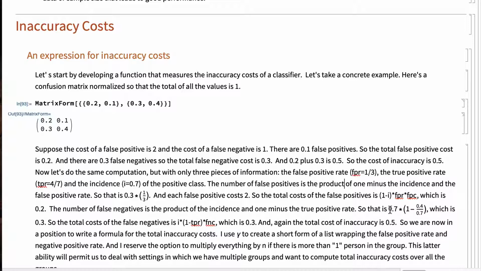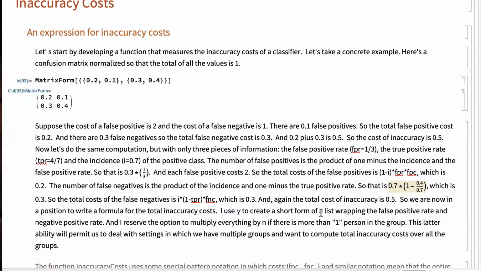So what we get is the incidence, 0.7, the false negative rate, which is 1 minus 0.4 divided by 0.7, and we have to multiply that by 1, the cost of the false negatives, and so we get a total of 0.3. And so the total cost of inaccuracy is again 0.5. We just computed it in a slightly different way.